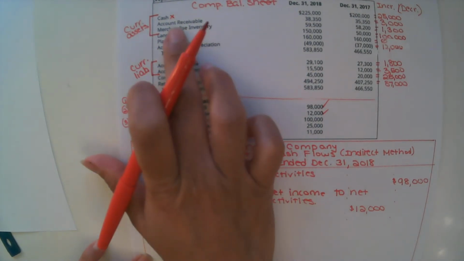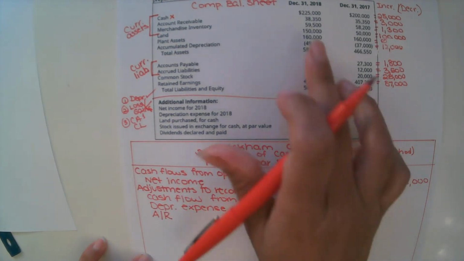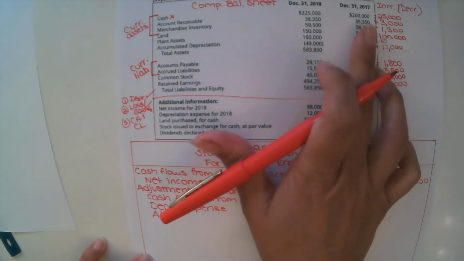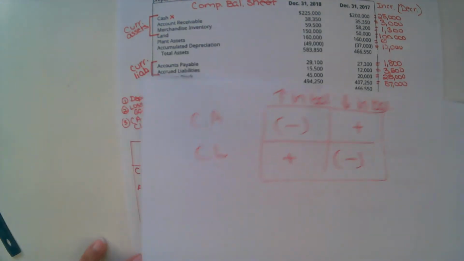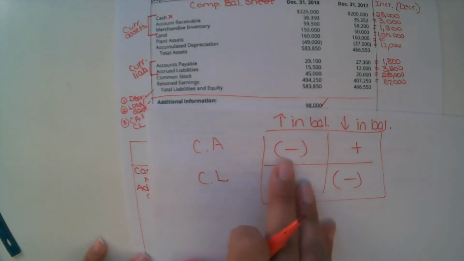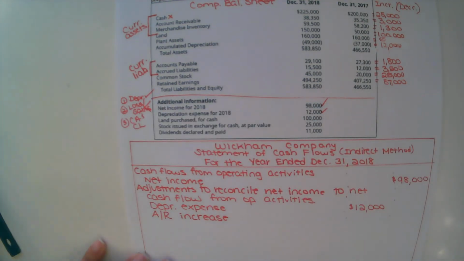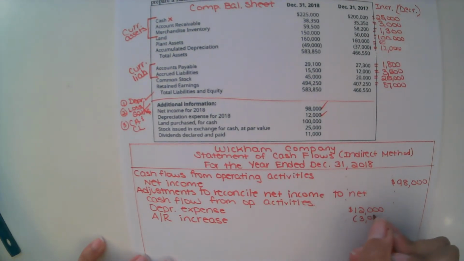The first current asset we have is accounts receivable. So you'll say AR, and it looks like we had an increase, went from 35 to 38. AR increase in balance, right? According to your matrix, AR is a current asset. We said we had an increase, so we're going to subtract the difference. So minus $3,000.